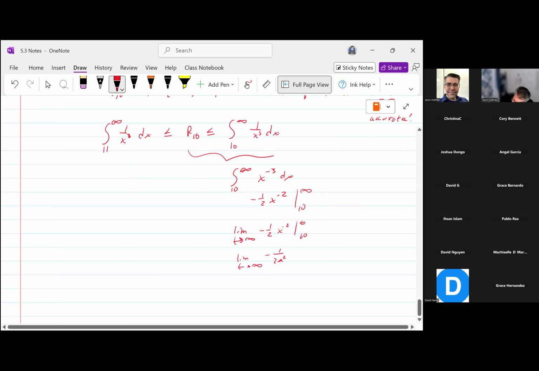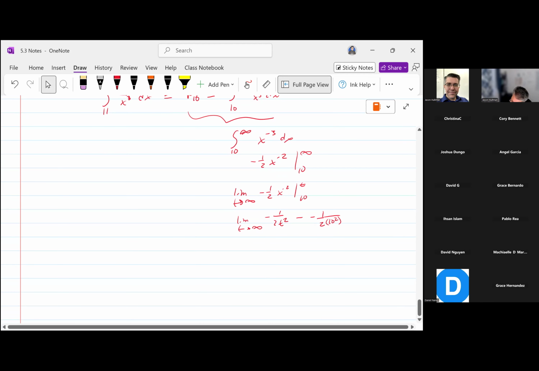If I plug in the t, it'll be negative 1 over 2t squared minus negative 1 over 2 times 10 squared. This goes to 0 because it's 1 over infinity. This is going to be plus 1 over 200, which is equal to 0.005.